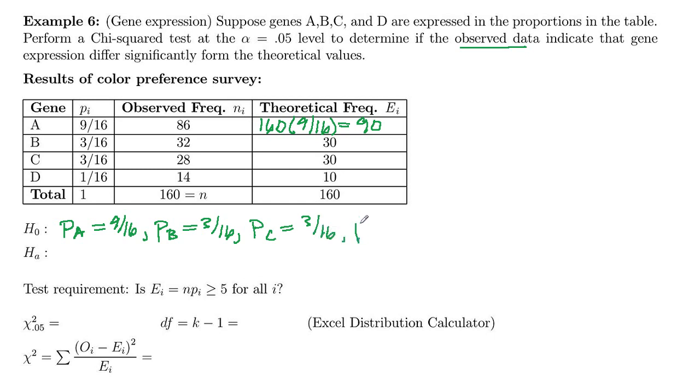And then gene D 1/16. And then the alternative hypothesis is that at least one of those probabilities is different. So at least one p sub i differs from the null hypothesis.